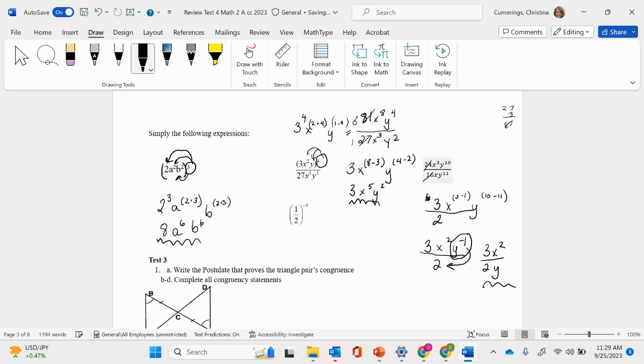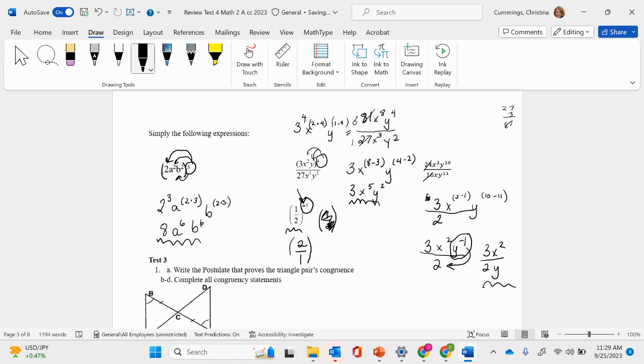Okay, this one. People are still having problems with this. I have parentheses. I have a negative exponent. My first step is, when I have a negative exponent, I'm going to get rid of that negative sign by writing my fraction as its reciprocal, which is 2 over 1.